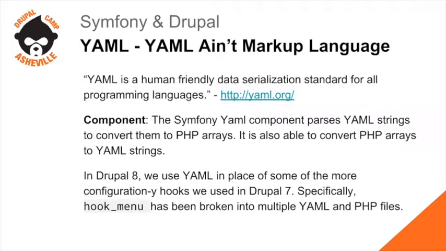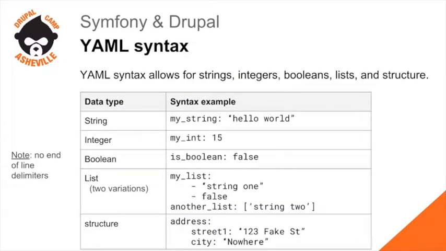And so in Drupal 8, a lot of those functions that were hooks, where you just returned an array of metadata to Drupal so that it knew what to do with things, have been converted into YAML files. And this is good, frankly, because we're writing less PHP that's just returning text, and instead we're just writing text that gets parsed by PHP.